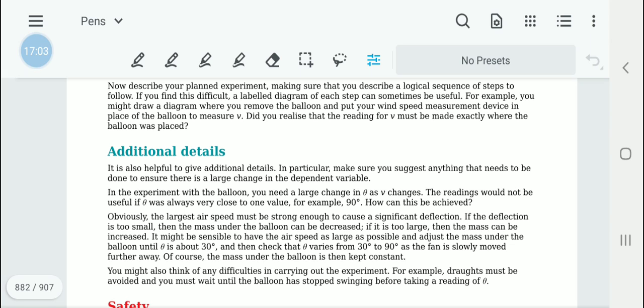Then drafts should be avoided. A draft is another wind that is coming from somewhere else. If there is a wind flowing in another direction other than from the fan, then that would also affect. So you might want to explain this as well. If you say that, then the person who is reading the answer would know that you have paid attention to all of the details, and they are highly likely to give you more marks, right?